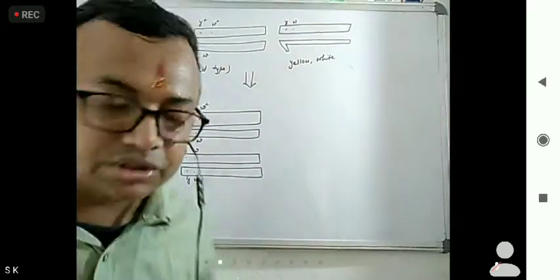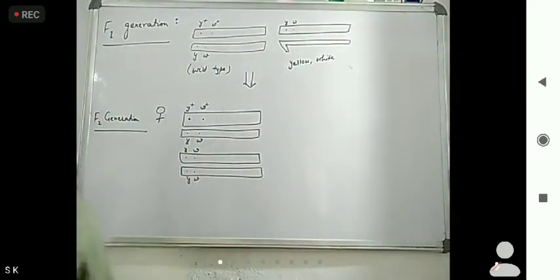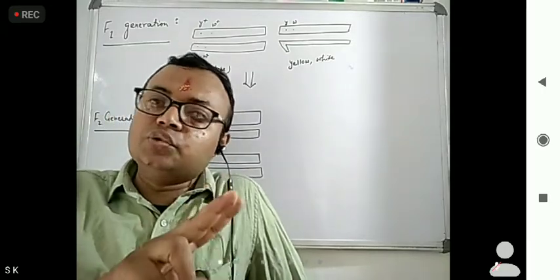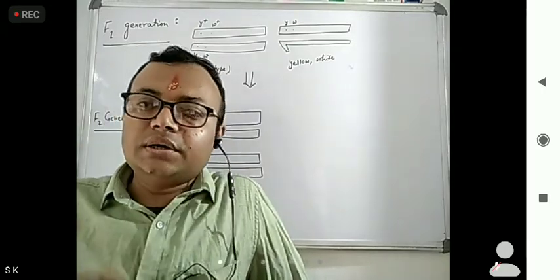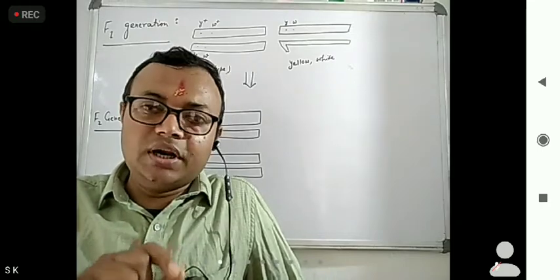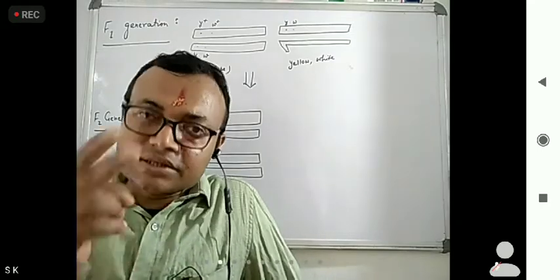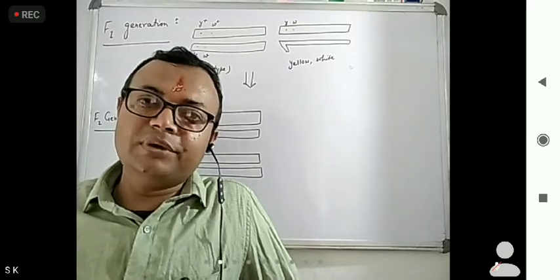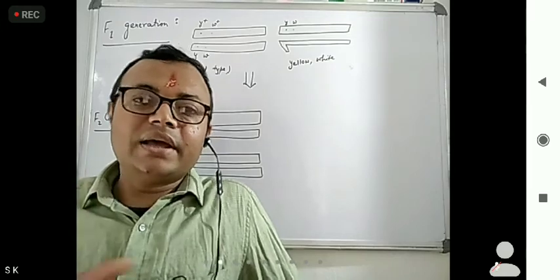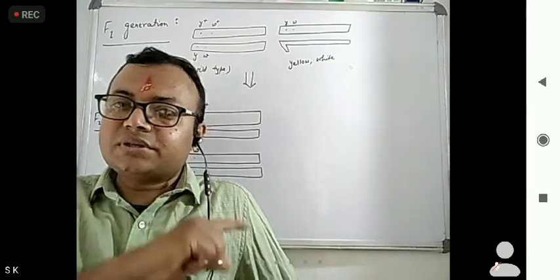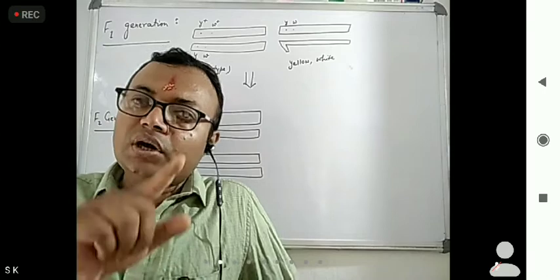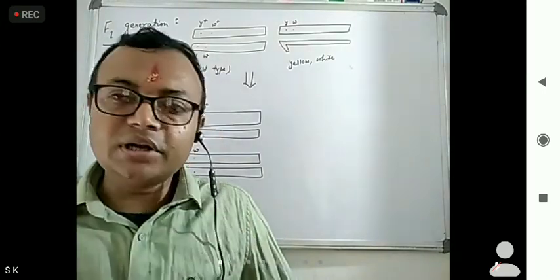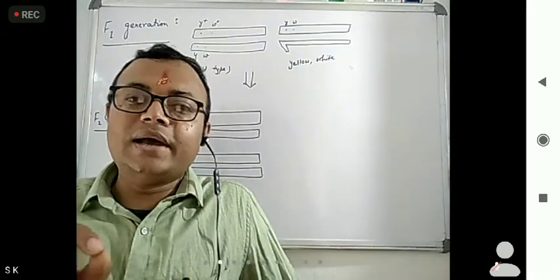In that, we discussed cross A. In cross A, what did he do? We know there are male as well as female Drosophila. Female Drosophila contain the same type of chromosome, XX, as in human females, and males have XY. Previously we saw the body color he chose: yellow and brown.